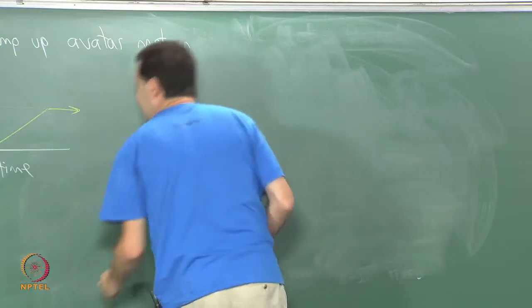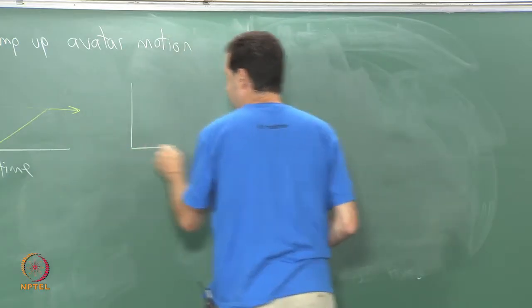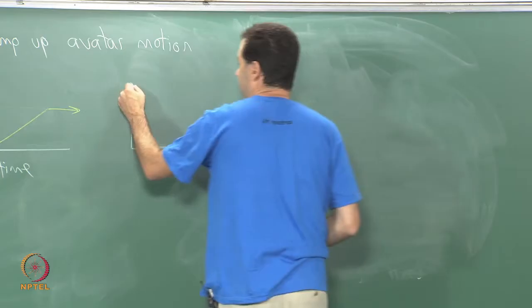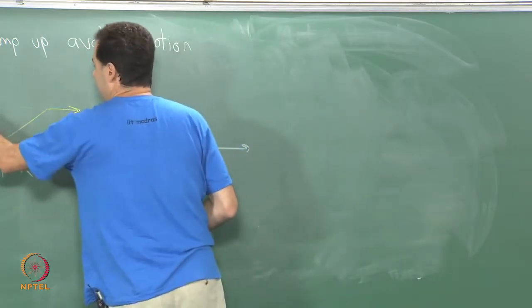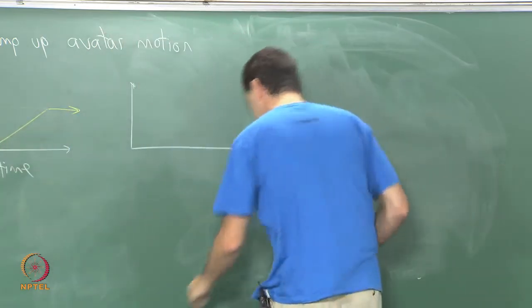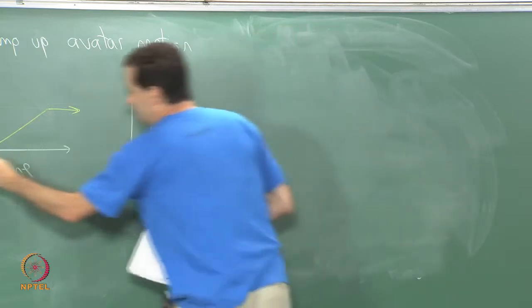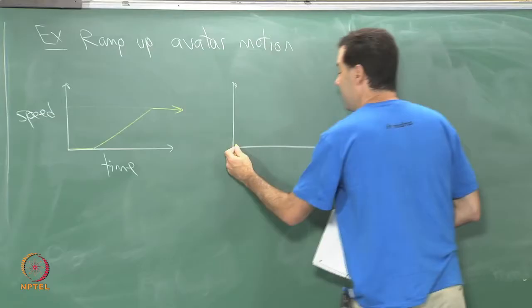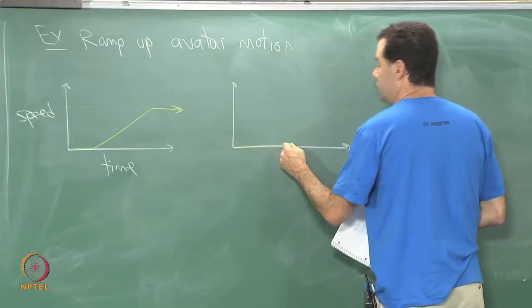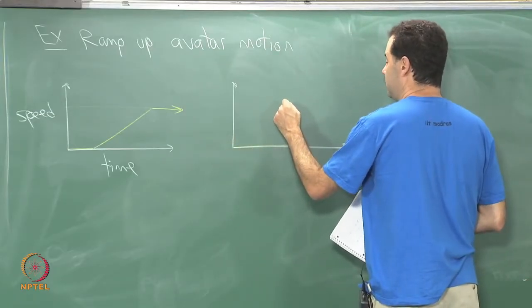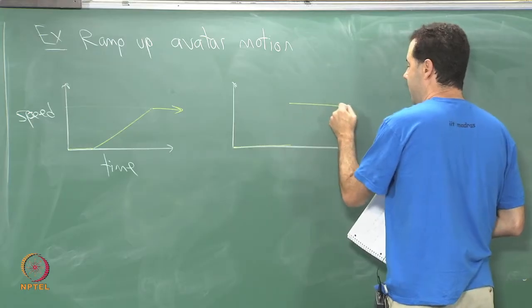And then the other choice is you just decide that, rather than make a continuous change, you just discontinuously jump to the speed you'd like to be at and go forward.